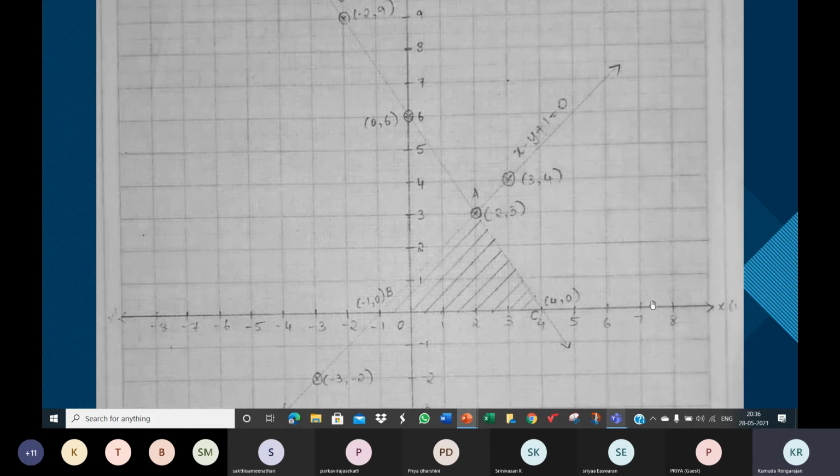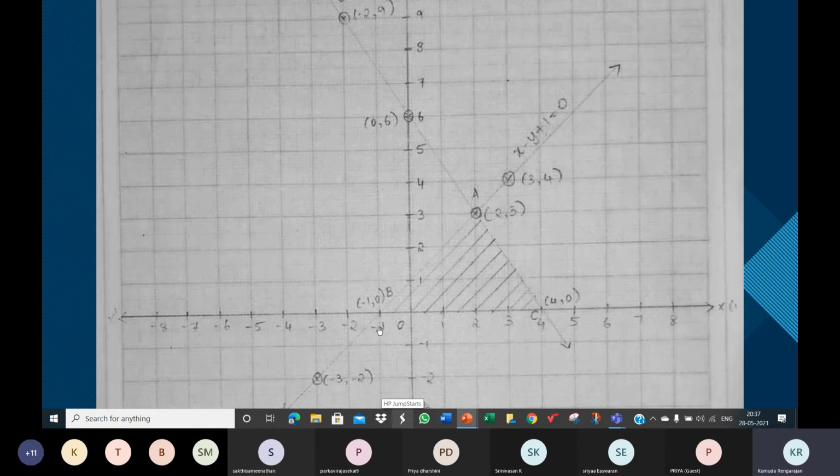On the y-axis, if you take this point, the address is (0, 4), the x coordinate is 0. Now this one is (0, 9). x coordinate is 0. x is equal to 0 is the equation of the y-axis.